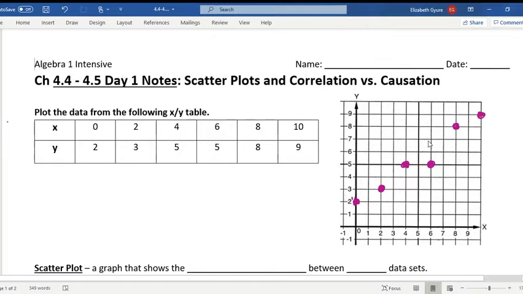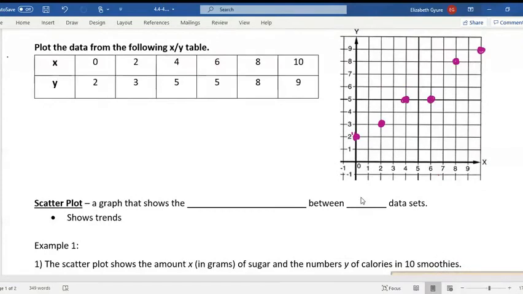So this is what a scatter plot in general looks like. This one goes up and to the right. A scatter plot is a graph that shows the relationship between two data sets. So maybe the number of coats sold versus the temperature outside.